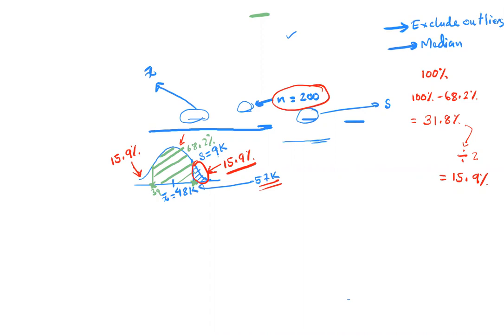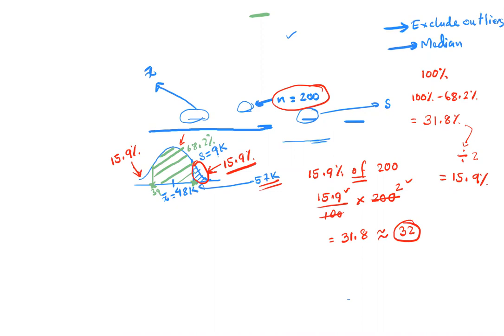So it's going to be 15.9% of 200. So 15.9% is 15.9 over 100 times 200. 100 goes into 200 2 times. So there's going to be 31.8, 2 times 15.9, or approximately 32 people.